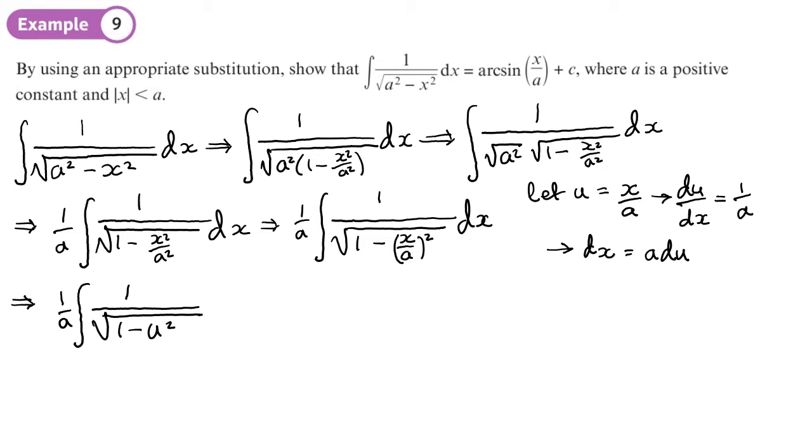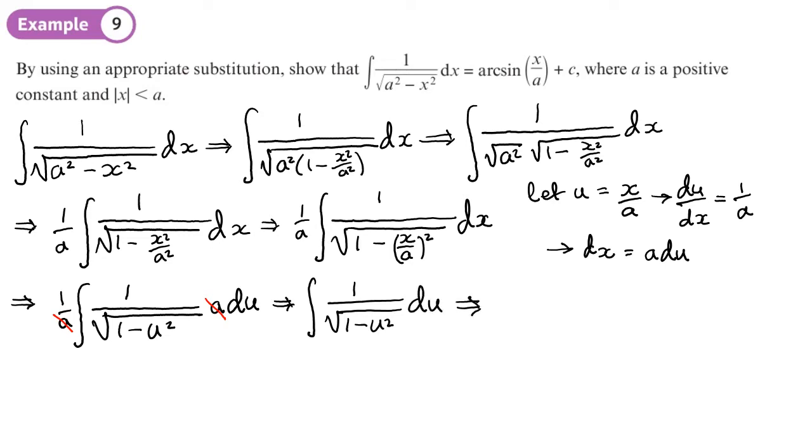So I actually have a du. Now you can see that the a's cancel out, just leaving me with integrating 1 over the square root of 1 minus u squared du.